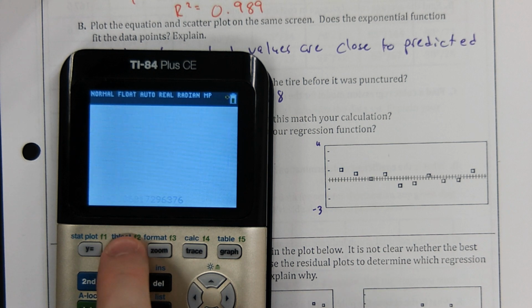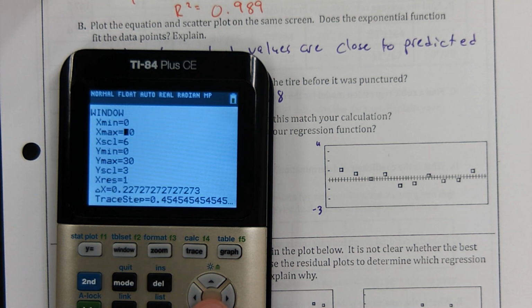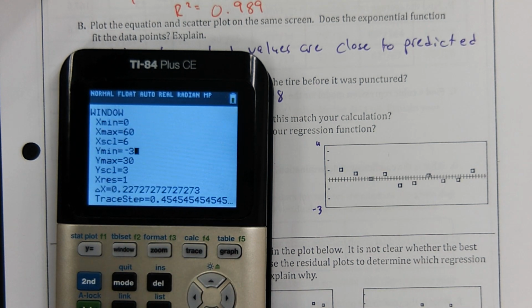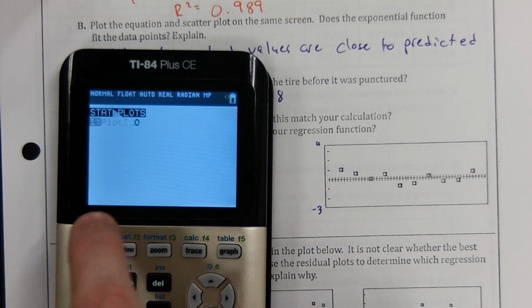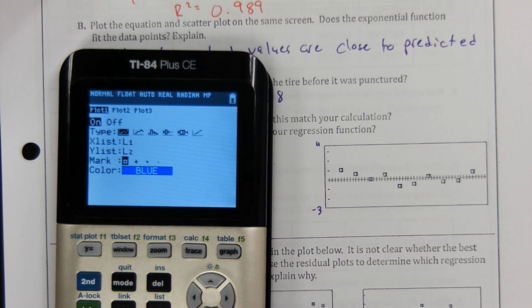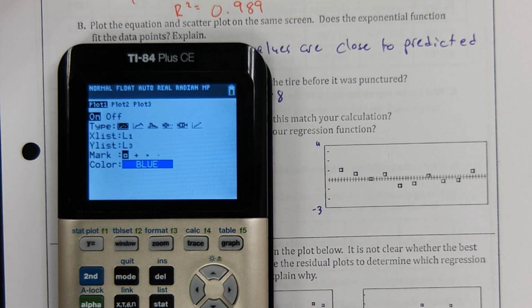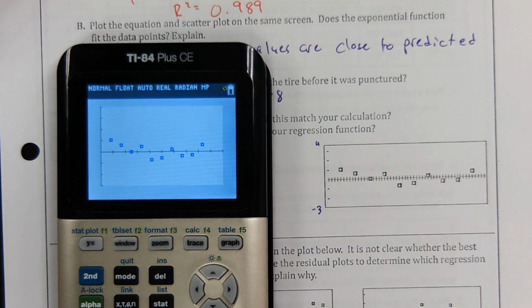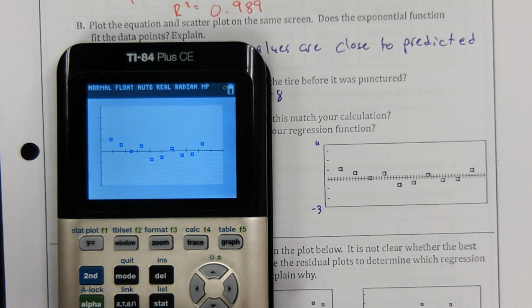So on our window, my y minimum would be negative 3. My y maximum would be positive 4. I'm going to go to my stat plot and change it to L3. That way it uses my residual values. L3 is right above the number 3. Looks like theirs. So yes, it matches.